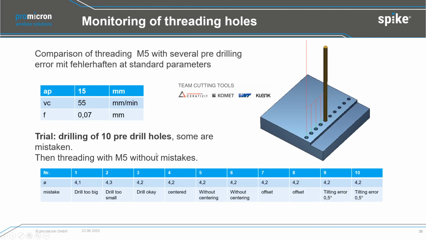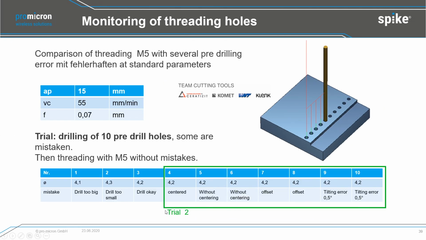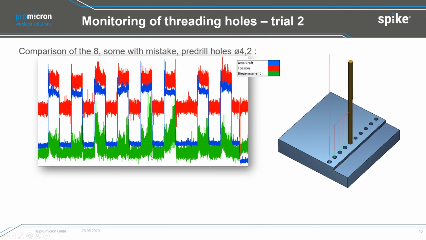Now we finished with a second trial. We were running the threading operation in the pre-drill holes, which had different mistakes. And as you remember, the mistakes are the same as we had in the webinars before.